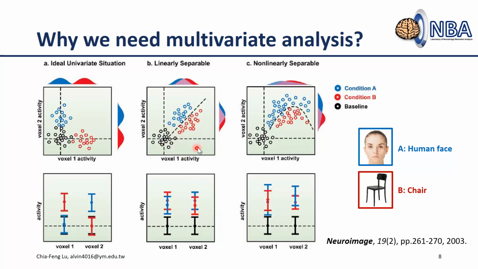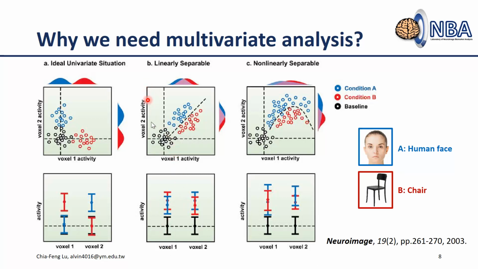If you only use one of the voxels to determine whether the subject is looking at the blue human face or the red chair picture, it will be very hard to find an ideal cut point. Even for voxel 2, it is a very similar situation. So it's pretty hard to use only a single voxel.